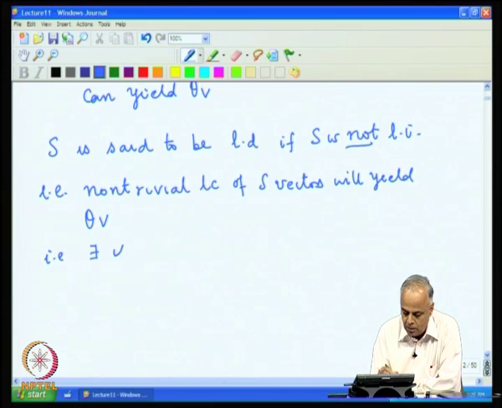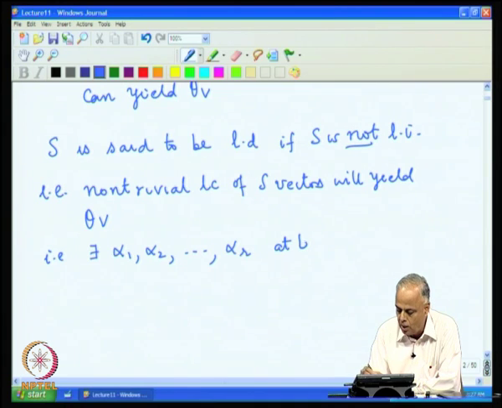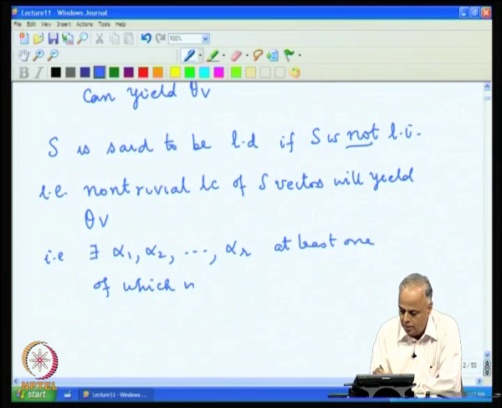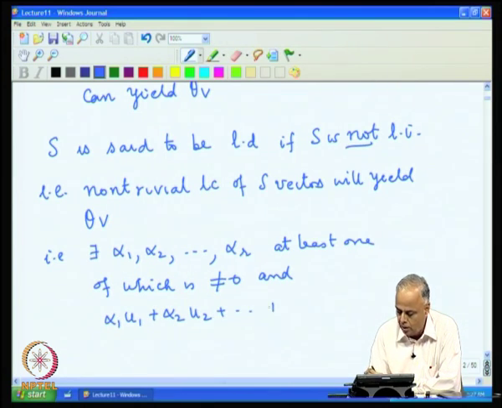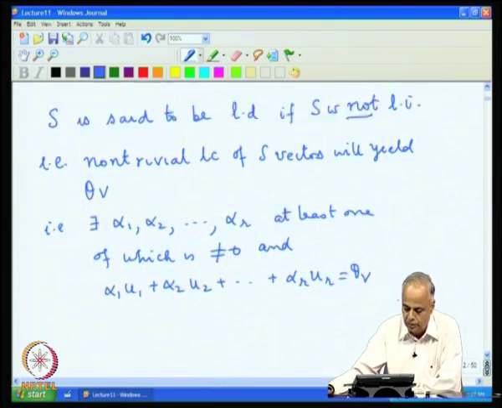So, there exist alpha 1, alpha 2, ..., alpha r, at least one of which is not equal to 0, and the linear combination alpha 1 u1 + alpha 2 u2 + ... + alpha r ur gives the 0 vector.